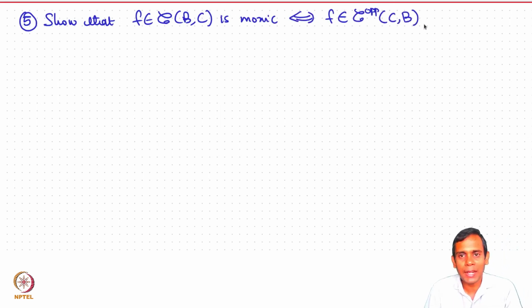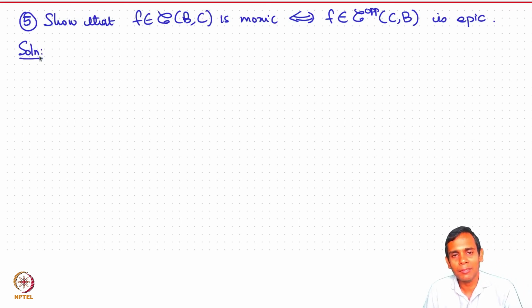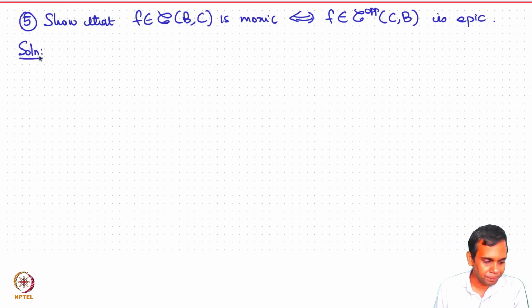Recall that the opposite category is the category with the same objects, but the arrows from B to C are thought of as arrows from C to B in the opposite category. You should try to just unwind the definitions and solve it yourself. Otherwise, just watch me solve it.